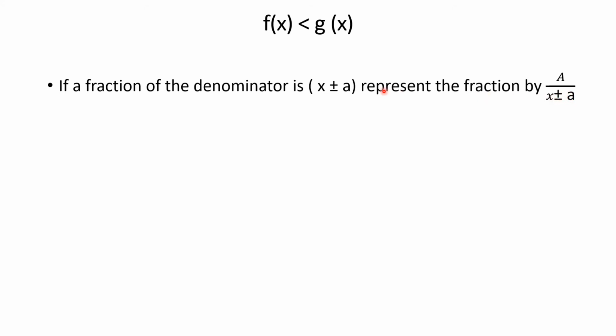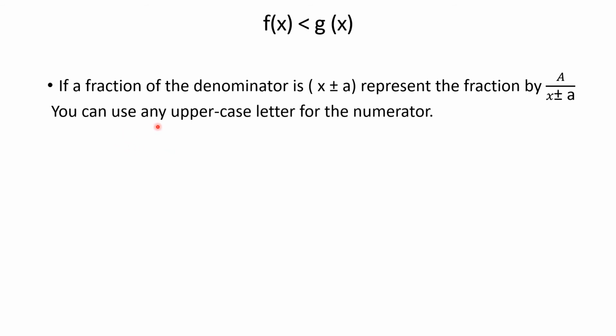We mean if we have a linear function and it's irreducible, then we represent it by a over that linear function. It doesn't have to be a, could be b, could be c, could be d, could be whatever. So we just have to represent it by something that represents the denominator. Let's call it a or b or c or whatever. We will see how this one goes in a minute.